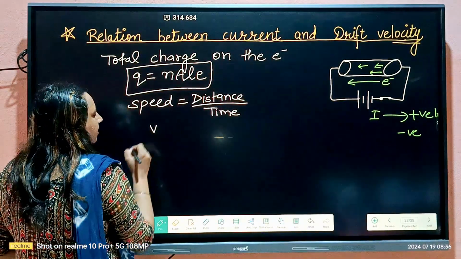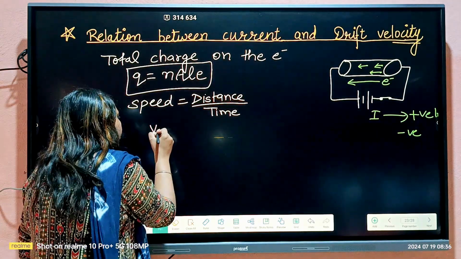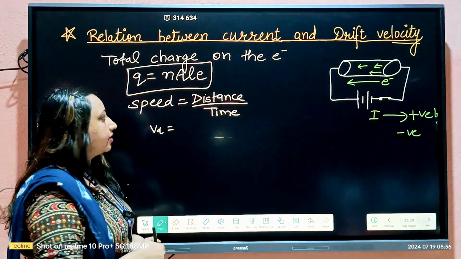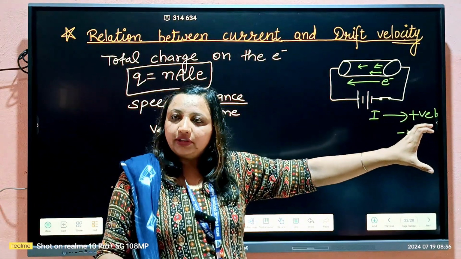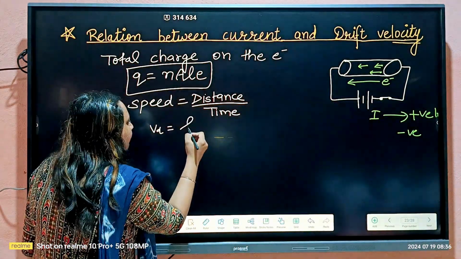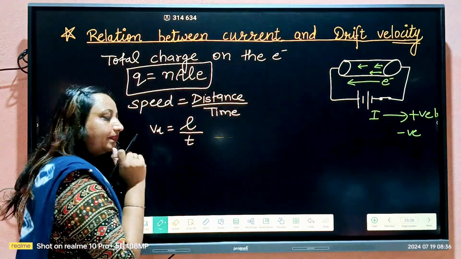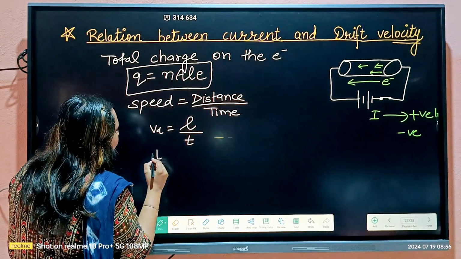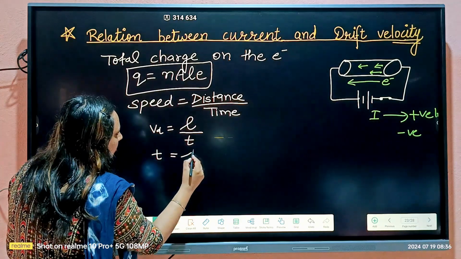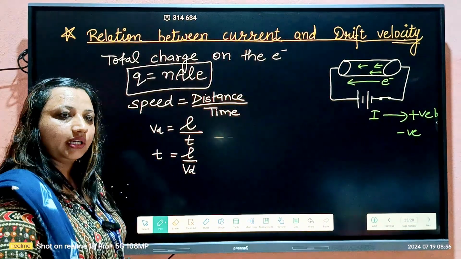Here speed is the velocity, which we call the drift velocity, and distance is the whole length of the conductor, represented by L, and t is time. Rearranging, time is equal to L by Vd.